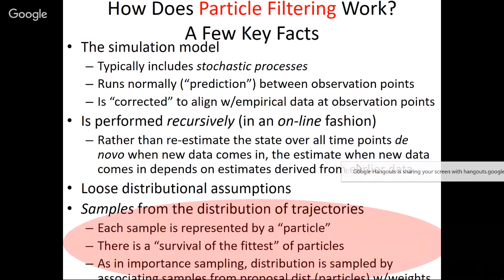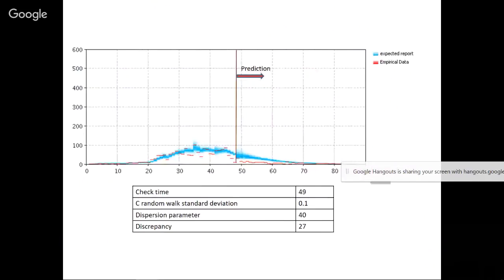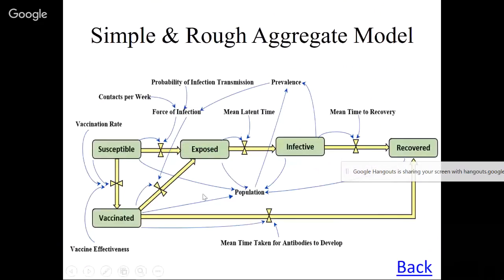Each particle is associated with a certain hypothesis, say, for how many people are out there in the population for our model are in this state versus this state versus this state versus this state versus the vaccinated state.